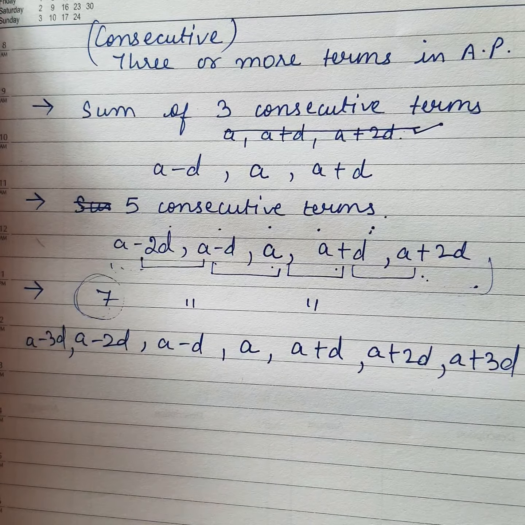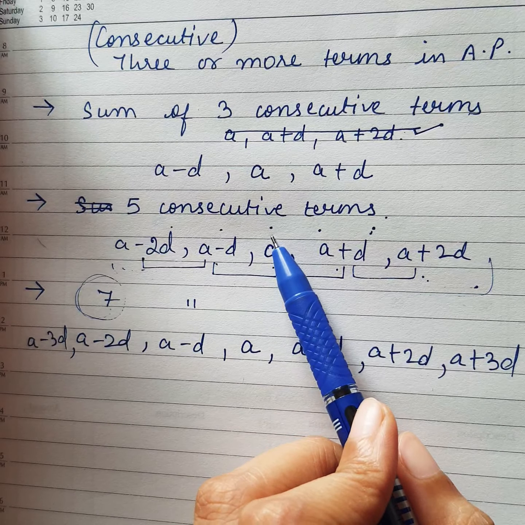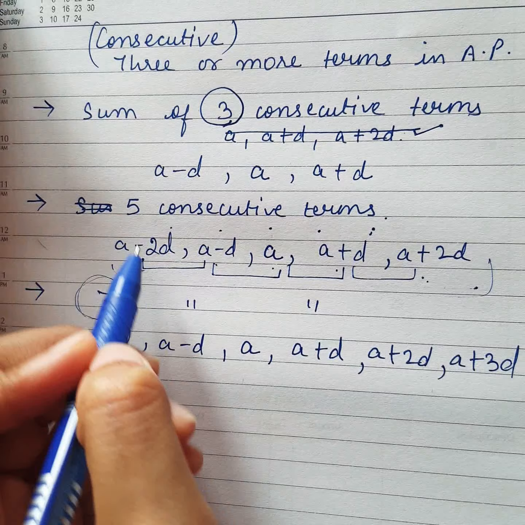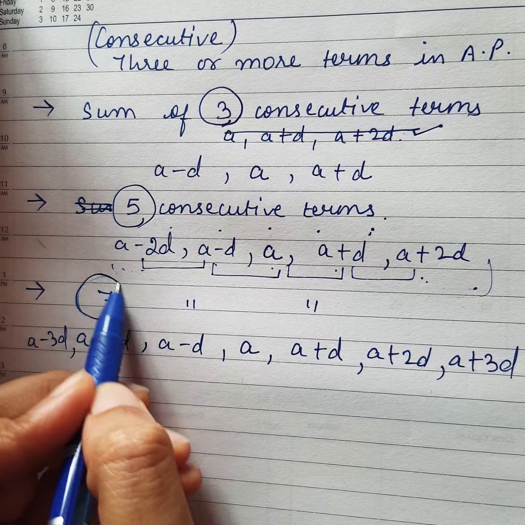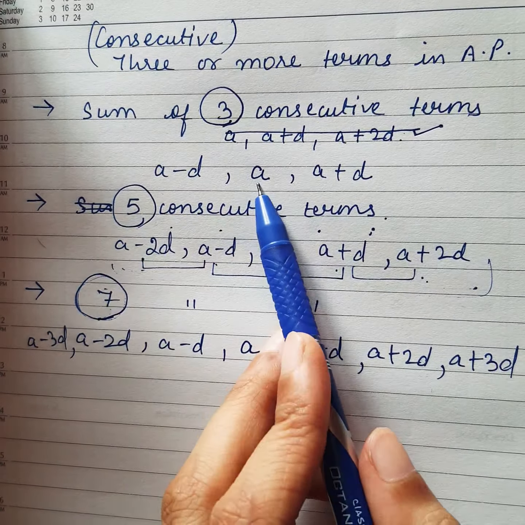Same way we can select the number of terms. Majority of the questions are 3 and 5 terms. So if you have noticed, if we have odd number of terms we need to select, 3, 5, 7, then we write middle A, then exact after that and exact before that, and then we keep on adding one on right and one on left, 2 on right, 2 on left, and so on.